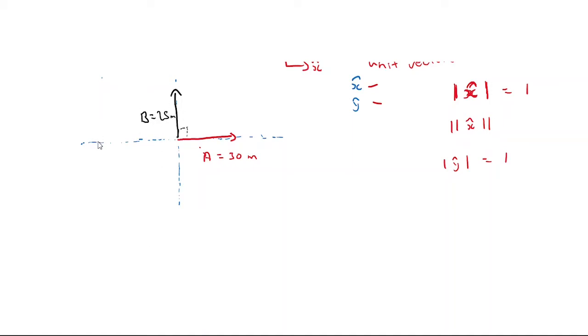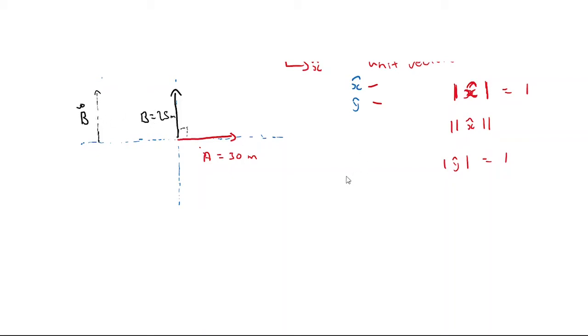For instance, if I draw another vector that starts here and stops where B stops, and it's also facing up, this vector is still the same as B. I have just translated B from this position to this position. I have not changed anything. The magnitude is still the same as that of B. The direction is still the same as that of B. Therefore, it's still the same vector.